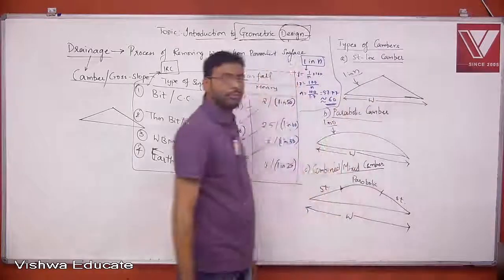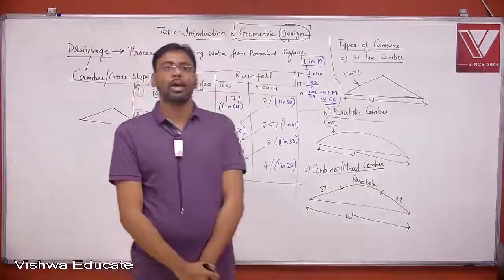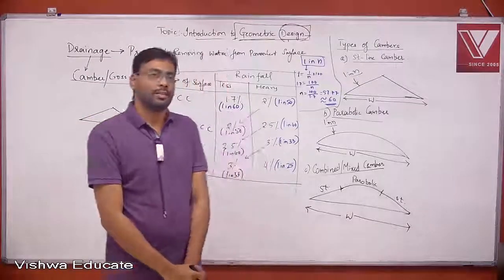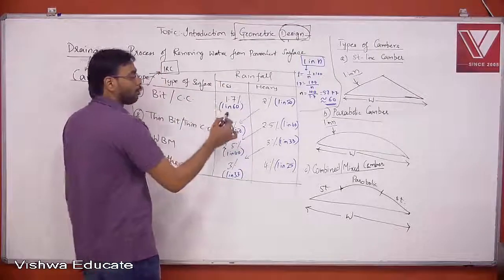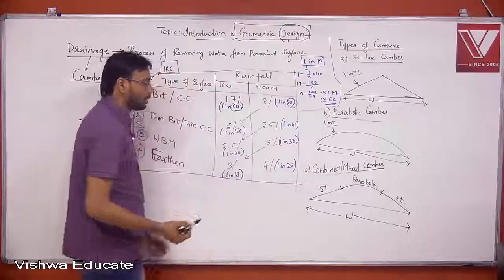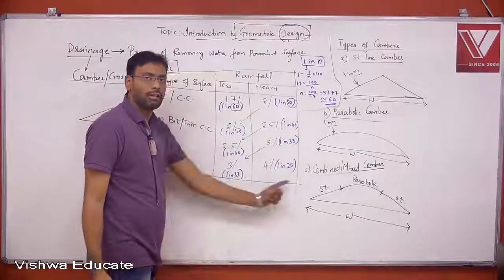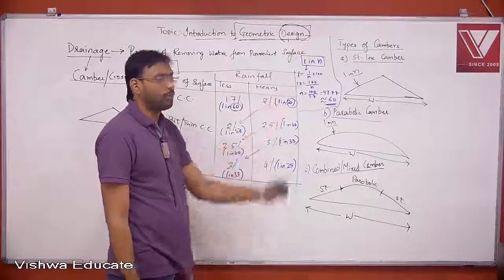And where will you get that n value from? Yes, that n value is obtained from this table. 1 in n. N value is 60. N value is 50. N value is 33. N value is 25. Right? So that is how from this table you will get the values of n.